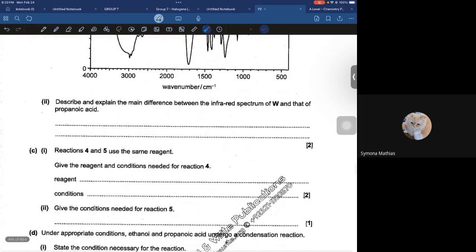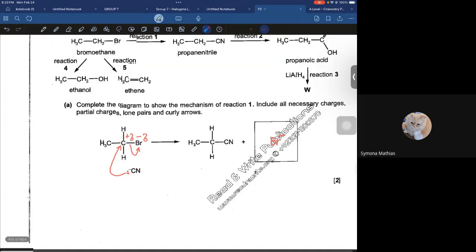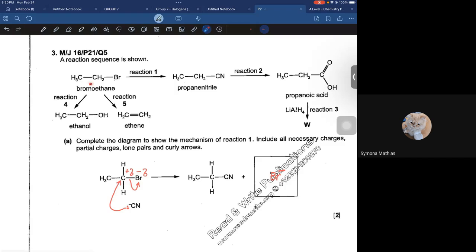What do you think? In reaction 4, what's happening? Your bromine is changing into the OH group, that is alcohol basically.